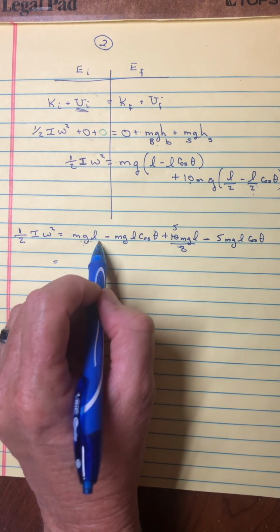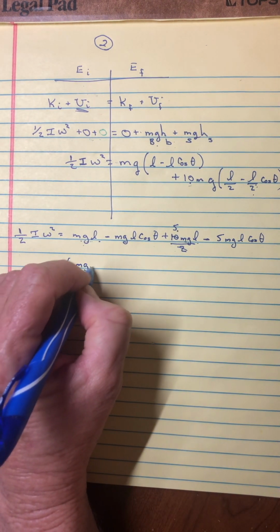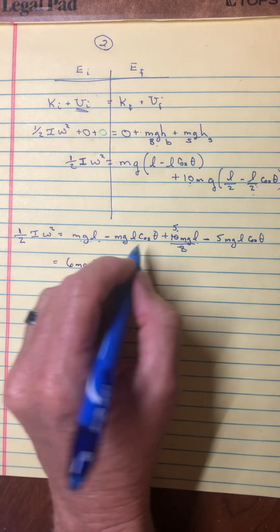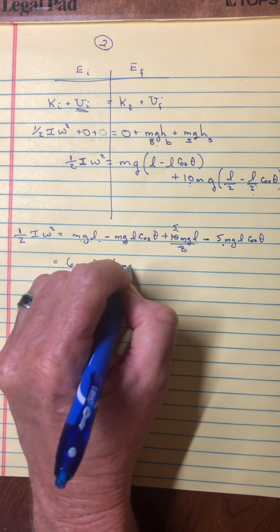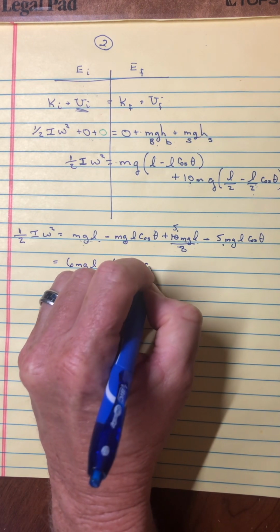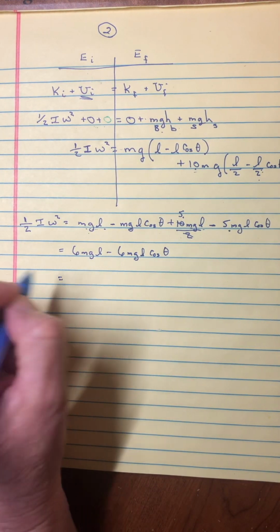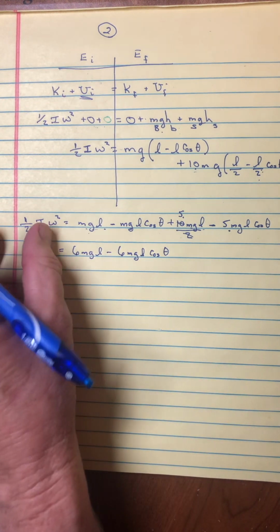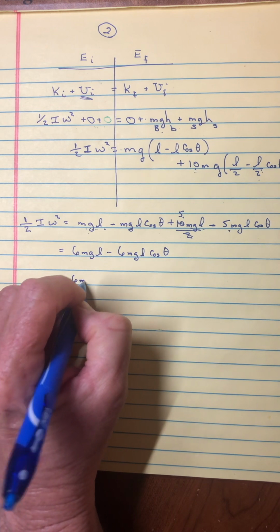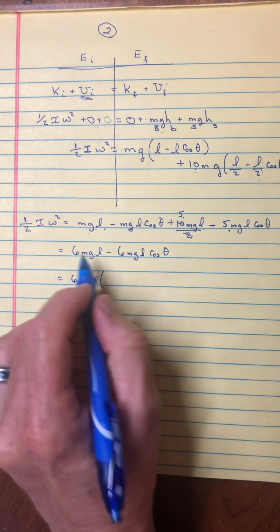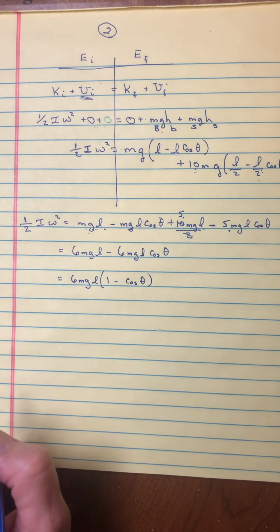So that I can take this mgL and then this 5 mgL and put them together. So that's 6 mgL minus, and here's a 1 and a 5, minus 6 mgL cosine theta. And again, if you let me do a little more simplification on this side before I jump back over to here, I'll see a 6 and then an m and a g and an L in each of these terms. So this becomes 1 minus cosine theta.